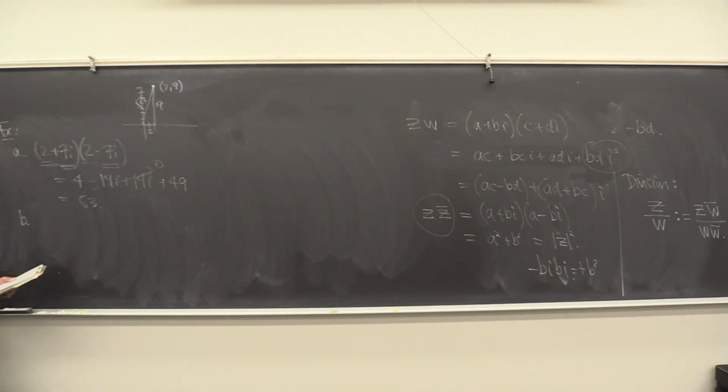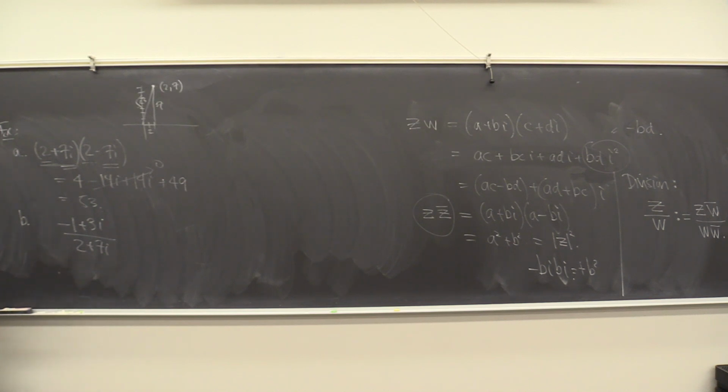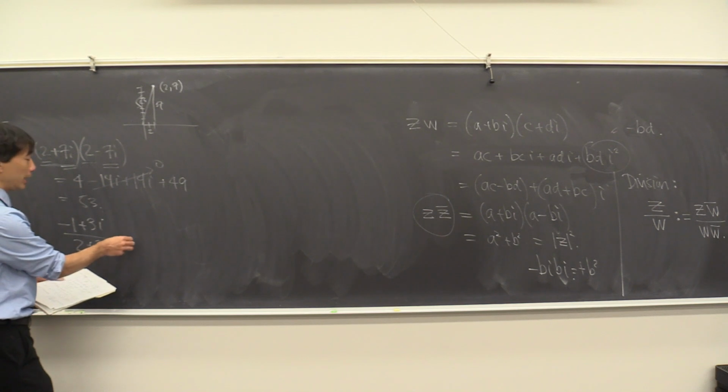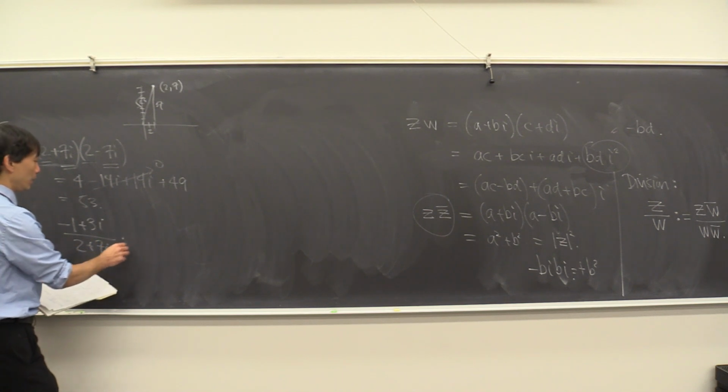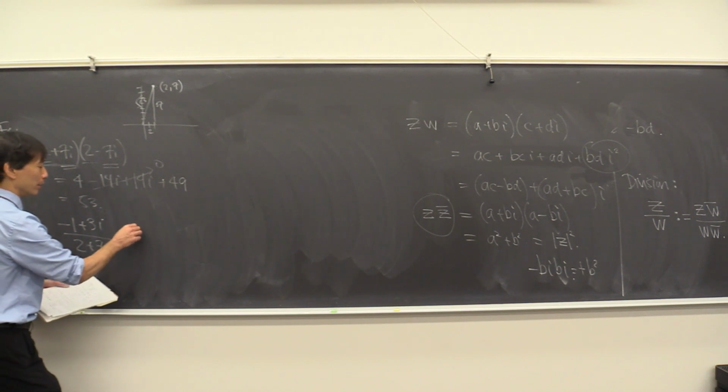Now let me give you an example of division: negative 1 plus 3i over 2 plus 7i. The rule is just to multiply that by the conjugate of the denominator over the conjugate of the denominator.